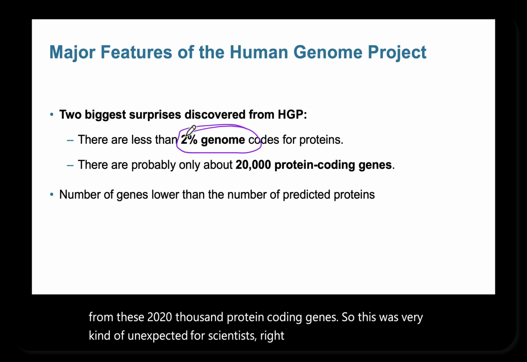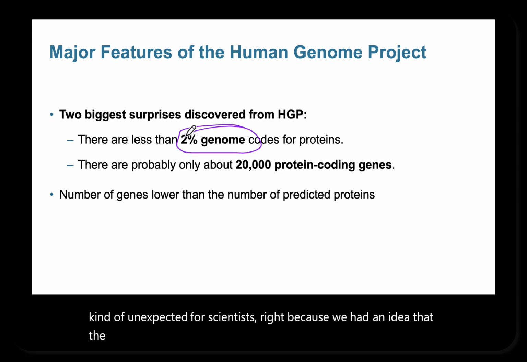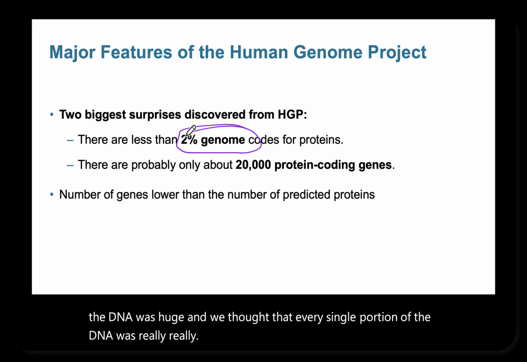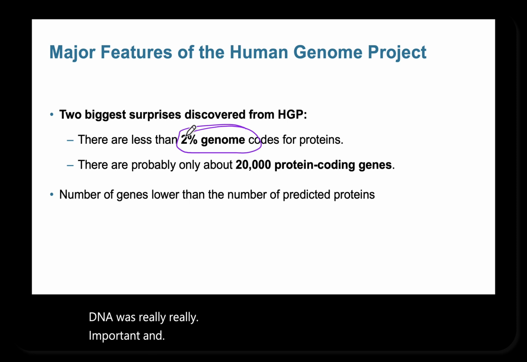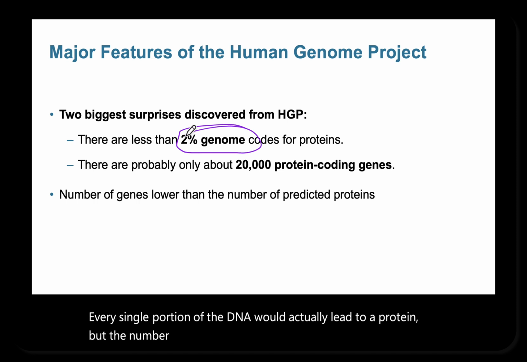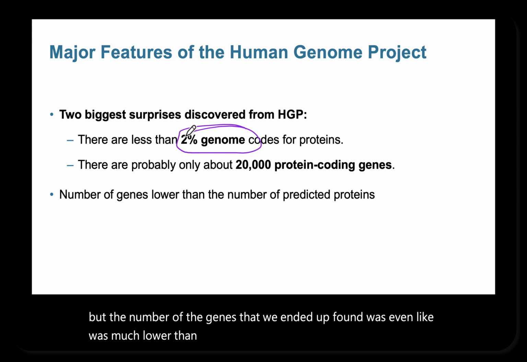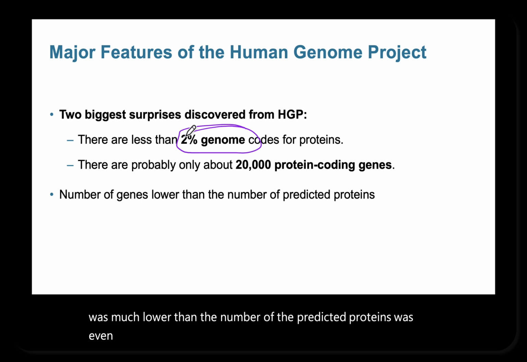Because we had an idea that the DNA was huge, and we thought that every single portion of the DNA was really, really important, and every single portion of the DNA would actually lead to a protein. But the number of the genes that we ended up finding was much lower than the number of the predicted proteins, was even lower than what we expected, right?